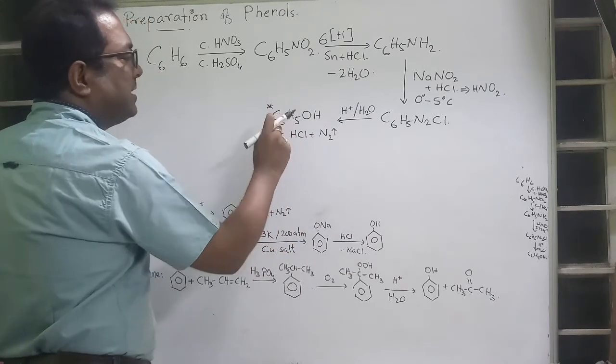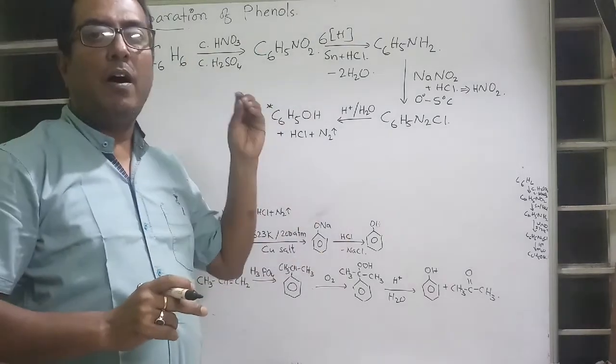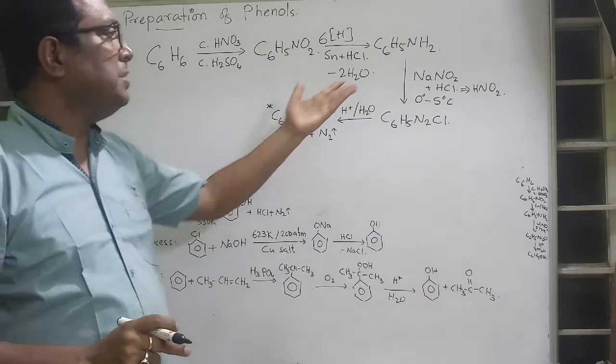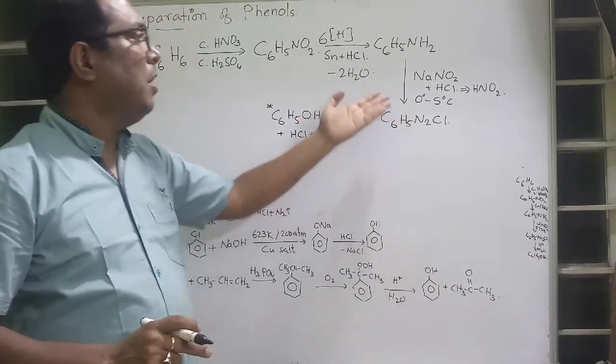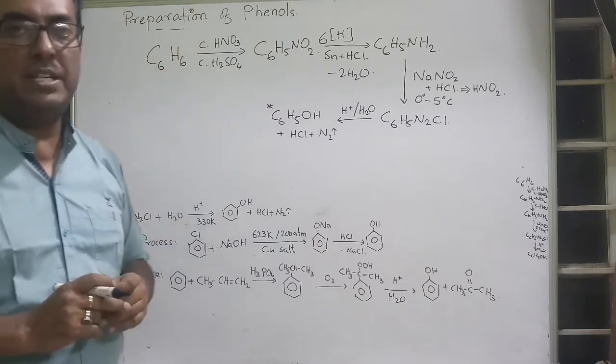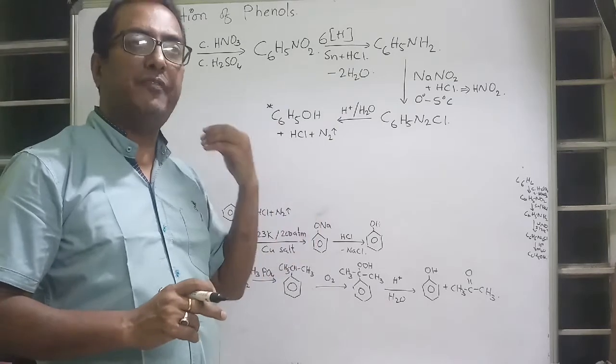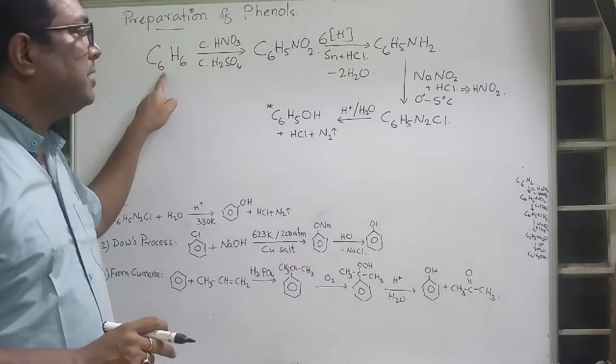So what you are getting is phenol. So student, this is an ideal way of making phenol. Either you are taking it from the N2Cl or from the aniline or from the nitrobenzene or from benzene itself.